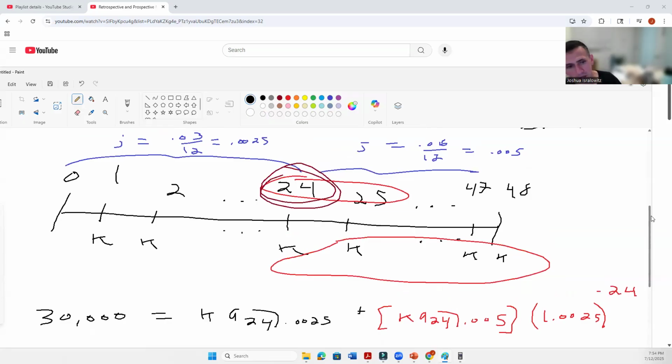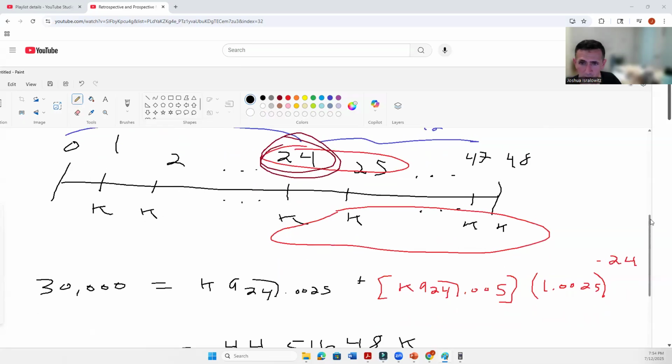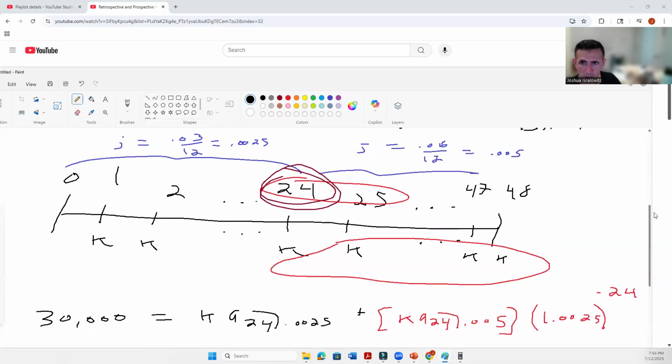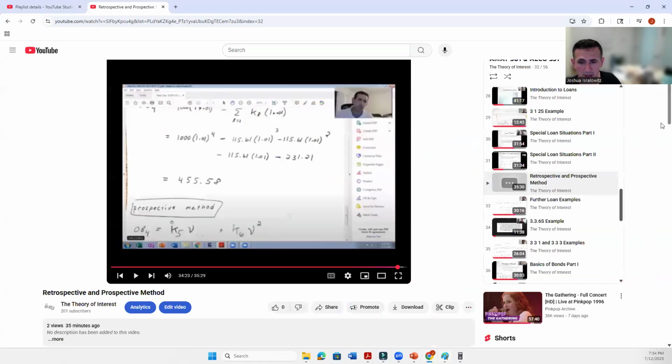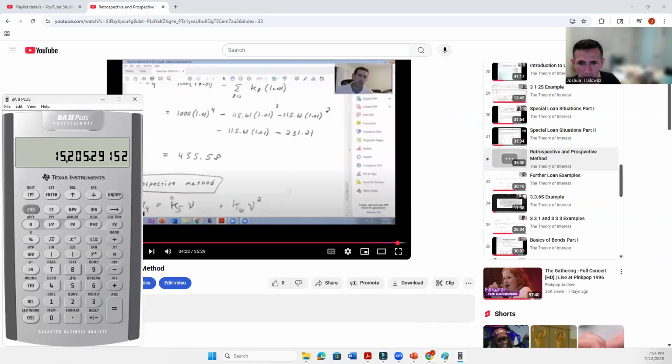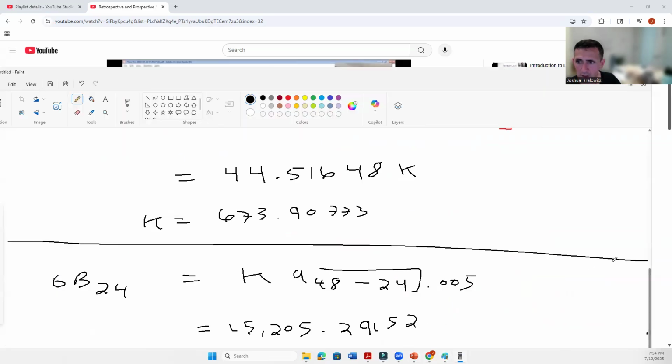So I will show you that things go haywire if you try to use the retrospective method, but the prospective method certainly works because you do have constant payments, constant interest rate of 0.005 for the last 24.